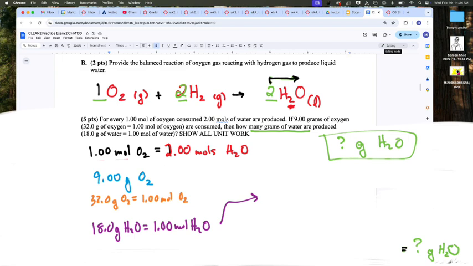I can make that equal 1. How do I make it equal 1? Put it over itself. So I could divide both sides of this equation by 1 mole of H2O.